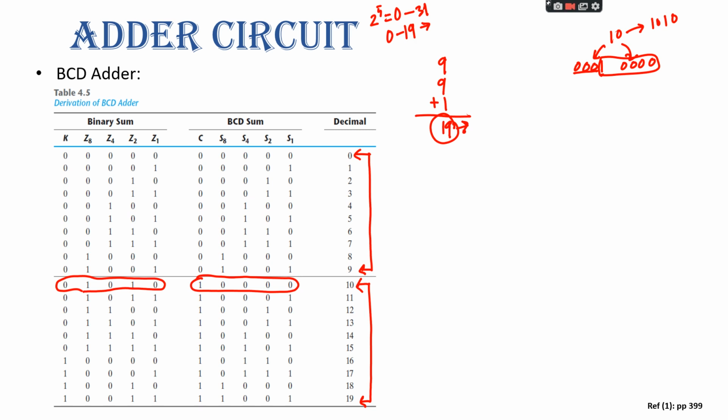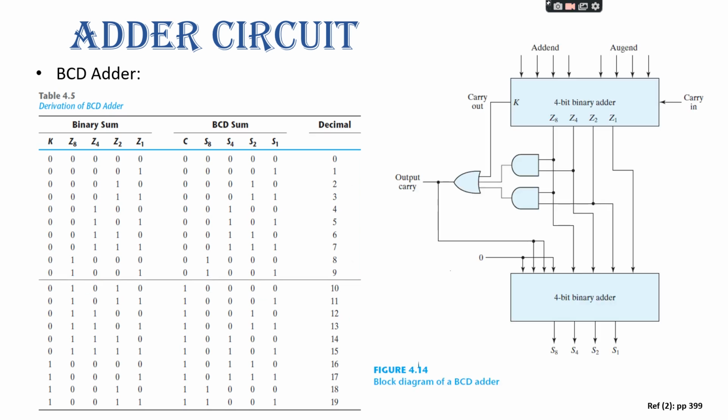So now if I need to design a circuit, whenever the number goes beyond 9, what do we need to do? Add 6, right? Yes, sir. So how can we do that? Let's see how they are doing that.